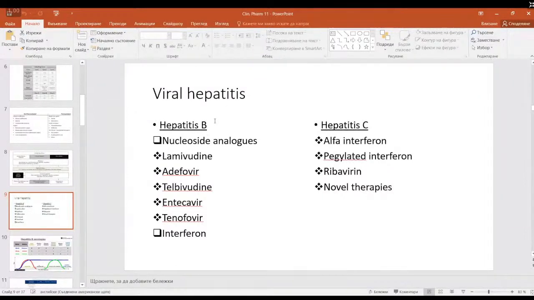The good thing about hepatitis B is actually that there is a vaccine which is pretty effective, and usually in most countries the hepatitis B vaccine is one of the first vaccines to be administered to a newborn child, usually within 72 hours after delivery.